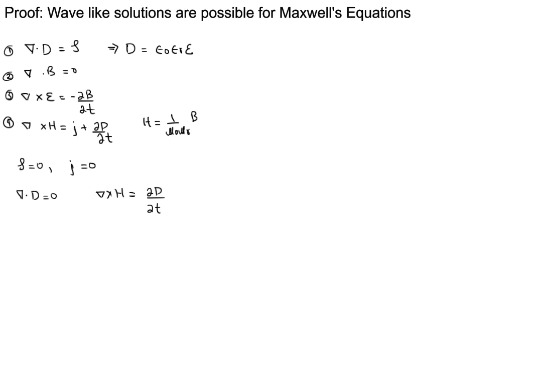Now what we can do is put the values of D and H in these equations, and what we are going to get is epsilon naught epsilon r del dot E equals 0, and here we are going to get 1 over mu naught mu r del cross B equals epsilon naught epsilon r partial E over partial t.